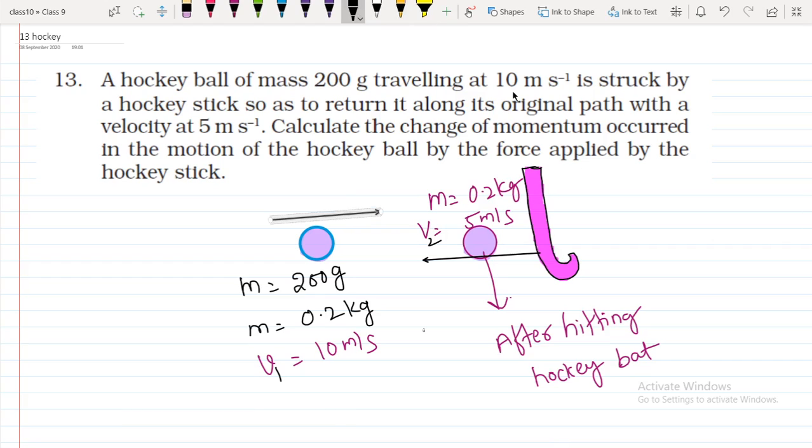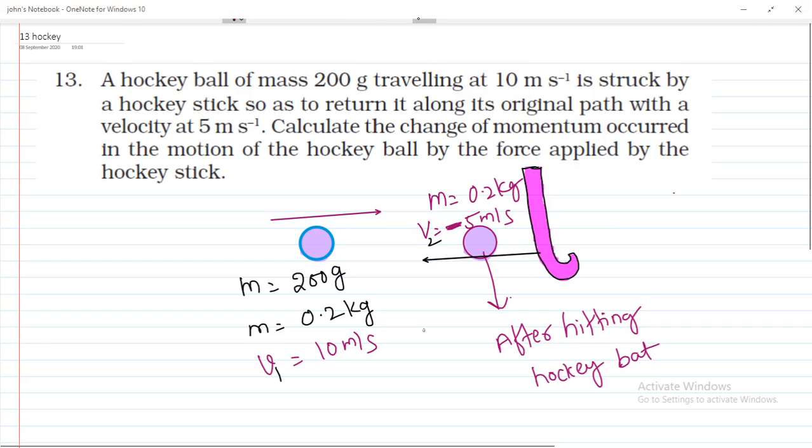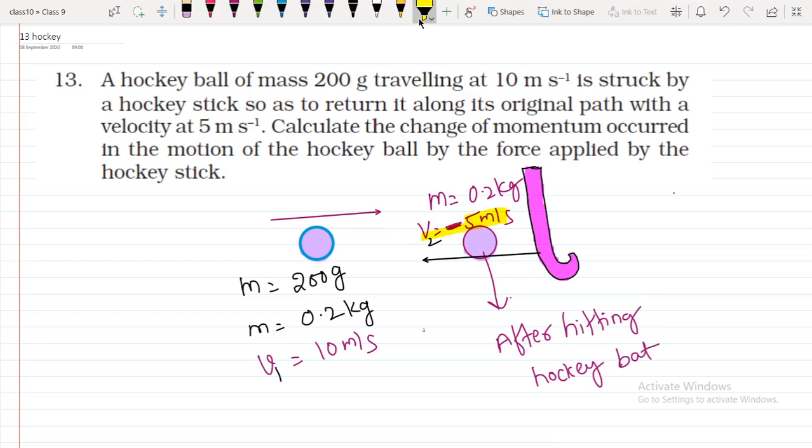Now if you remember, when an object is moving backwards, we need to take that as a negative sign. So here I need to take that as a negative sign. This is a very important point. After hitting the bat, the ball is moving back along the same path. That's why here we need to represent the velocity as v2.